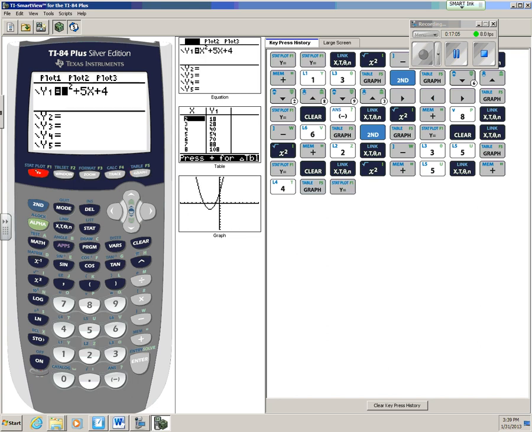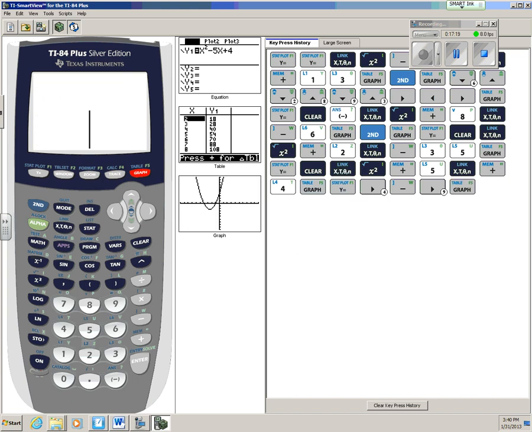What did I do wrong? Minus 5x, not plus 5x. Keep going. Minus 5x. Does that look better? Sure does. Graph this. And there we go. Here's where we crossed over at positive 1. Here's where we crossed over at positive 4.